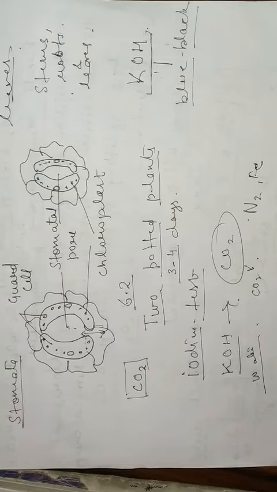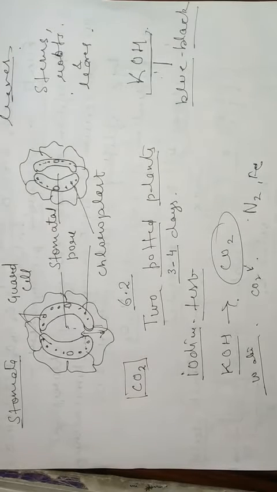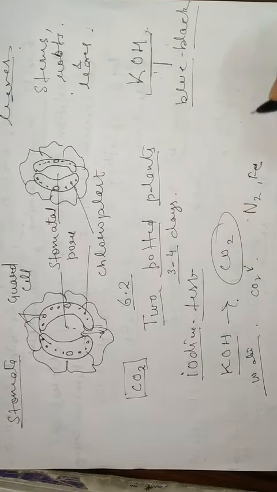Nitrogen is also an essential element because it is used in the synthesis of protein. It is taken in the form of inorganic nitrates or nitrites. Right? I think this is all about autotrophic nutrition.